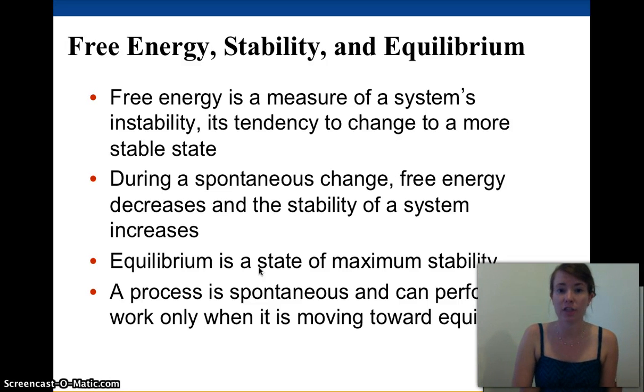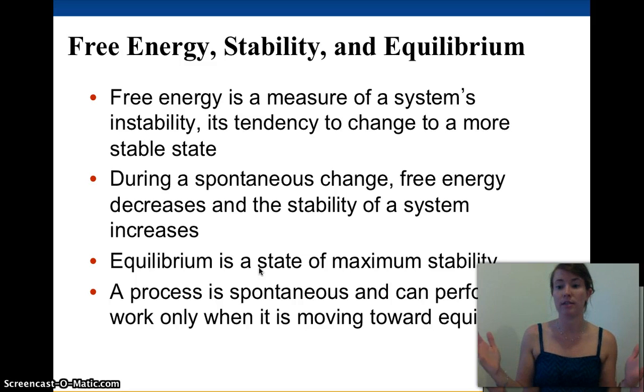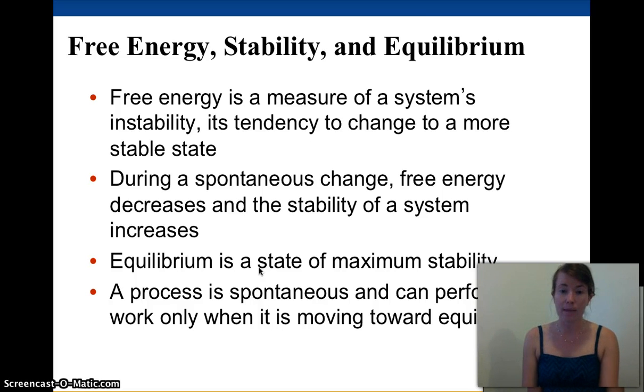Free energy is a measure of a system's instability, its tendency to change to a more stable state. If a system has a lot of free energy, it's likely to change, to release that energy outside of the system in order to change into a more stable state.